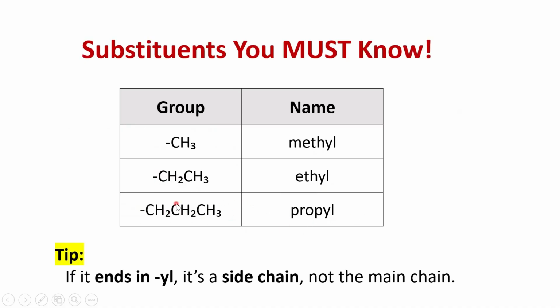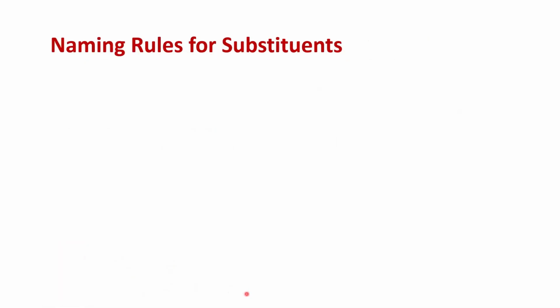They come from the normal naming, methane, ethane, propane, but we just replace the suffix "ane" in the alkane with "yl": methyl, ethyl, propyl, butyl, and so on. And when you find a group or a hydrocarbon that ends with "yl", this means that it is a side chain, not the main chain. How do we know? We will know right now.